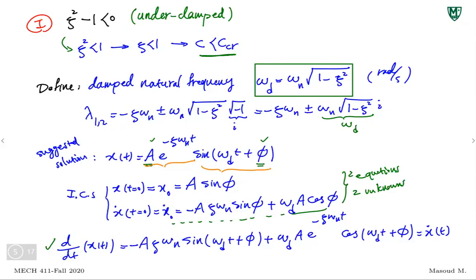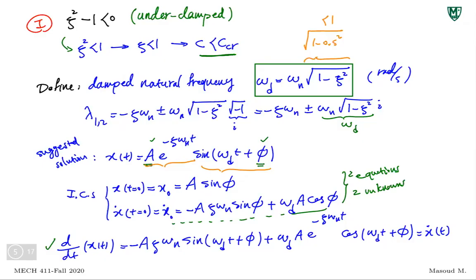Whatever comes out of this square root, let's think about it, 1 minus 0.5 squared, is a number smaller than 1. So you're multiplying omega n by a number smaller than 1. So omega d becomes smaller than omega n, always for an underdamped system.